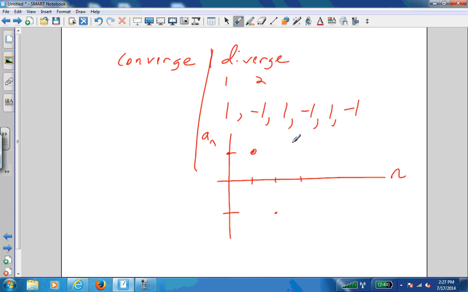Our third value, we get 1, then negative 1, 1, then negative 1. It's bouncing back and forth between 1 and negative 1 and not going to anything in particular, so it does not converge, thus it diverges. So something that converges is going to be something that's working its way towards a particular value.